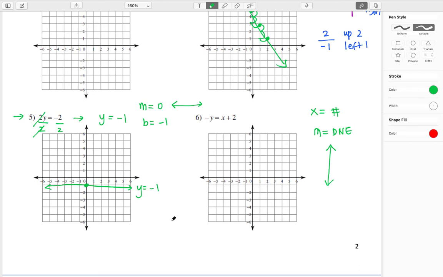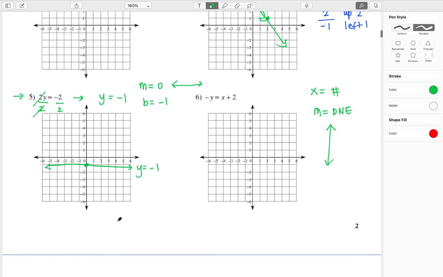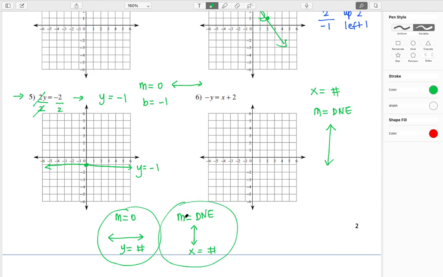Okay, so try to remember the exceptional case where when the slope is 0, it's always going to be a horizontal line with the equation y is equal to a number. If you have a slope that does not exist, it's going to be a vertical line, and the equation is going to be x is equal to a number. Okay, so these are 2 special cases that you need to remember.